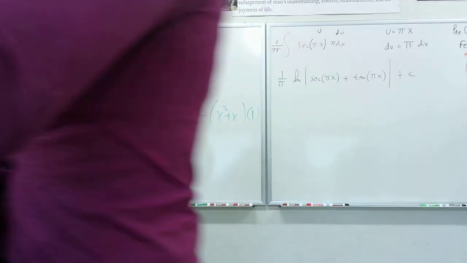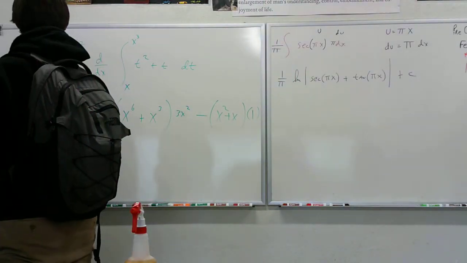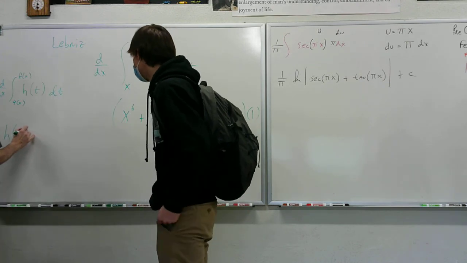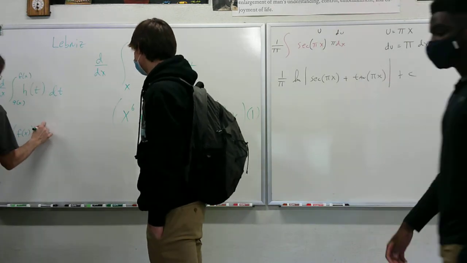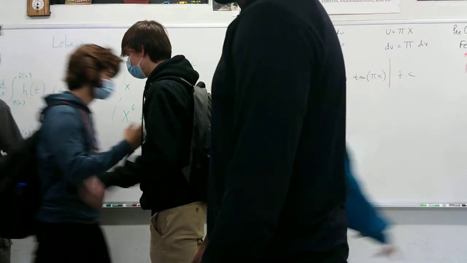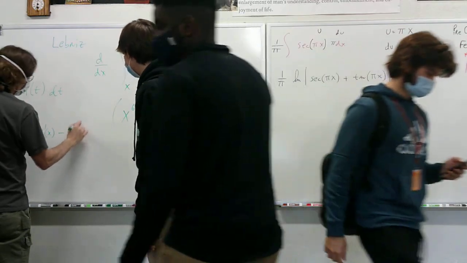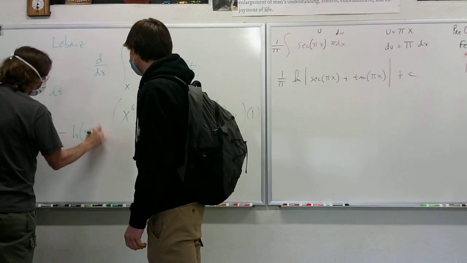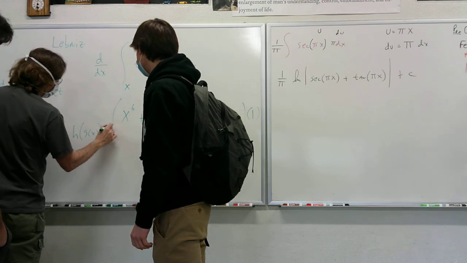Then what that will always equal is h of f of x times f prime of x minus h of g of x times g prime of x.